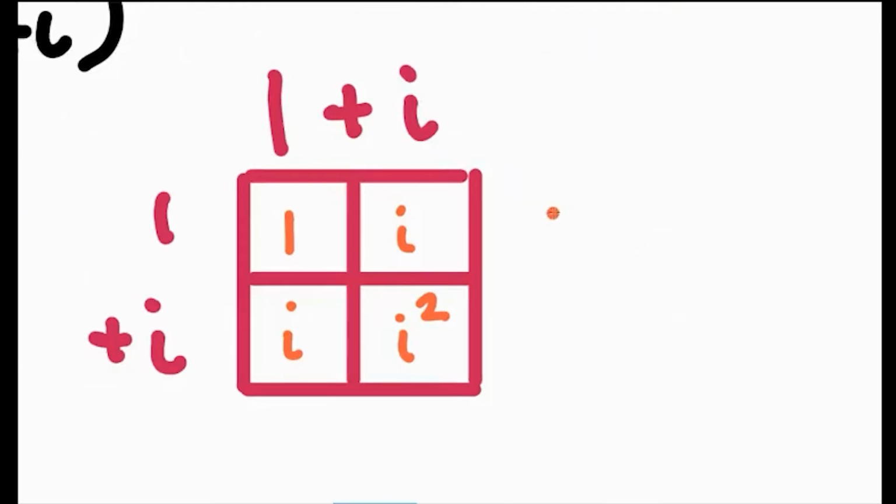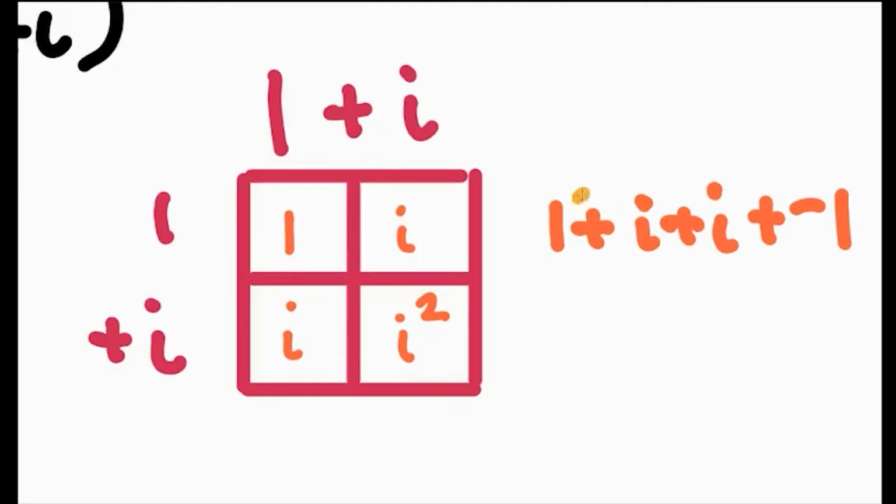So if you rewrote this, it'd be 1 plus I plus I plus I squared is -1. I'm just going to put -1 in there. The -1 and +1 cancel, and you're left with 2i.